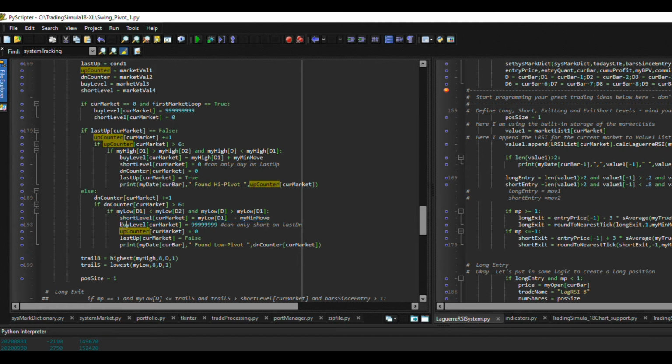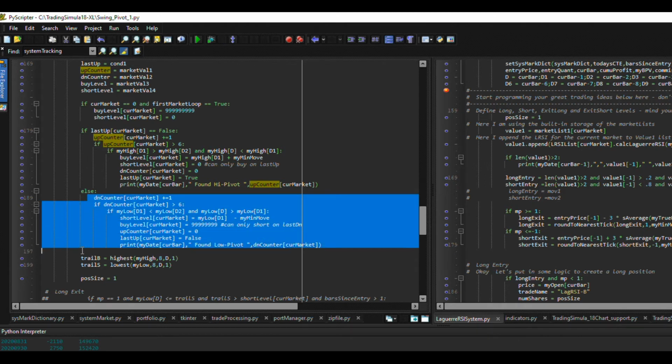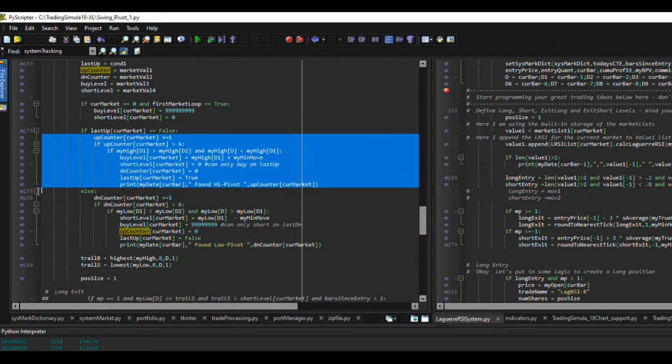And then we turn buy level off. Basically, since we've discovered a low pivot, we don't want to buy now, we only want to sell short. So last up becomes false now, so we won't look through this code at this point anymore until it's turned back on from here. Okay, so that's how you start marking those pivot points.